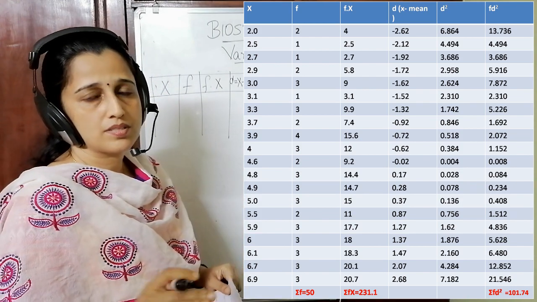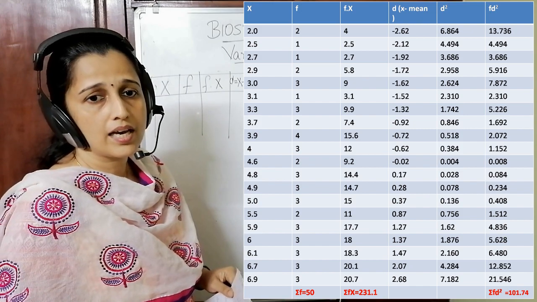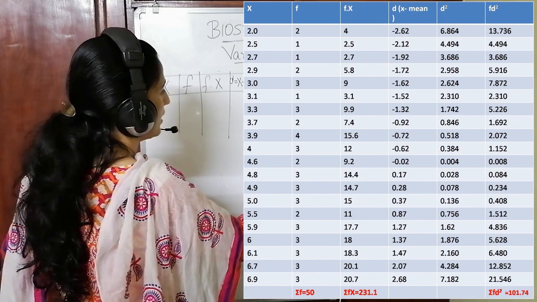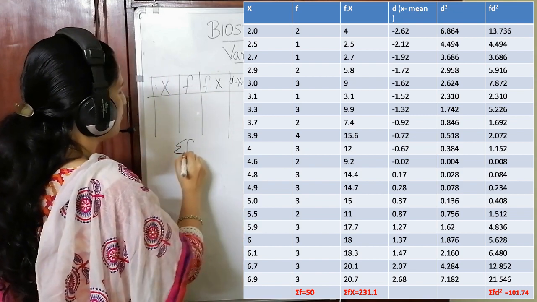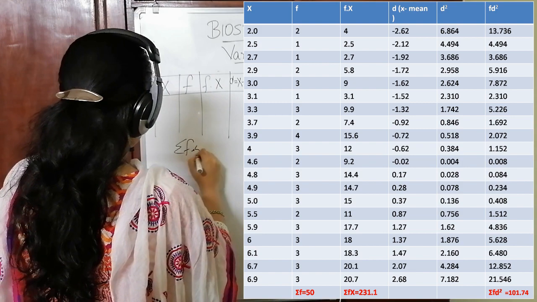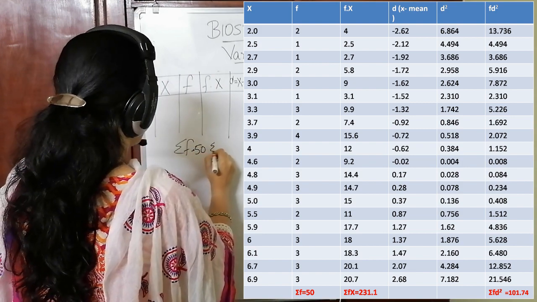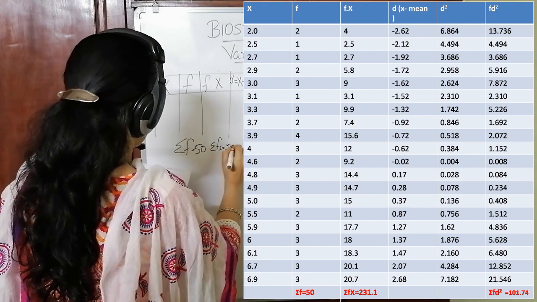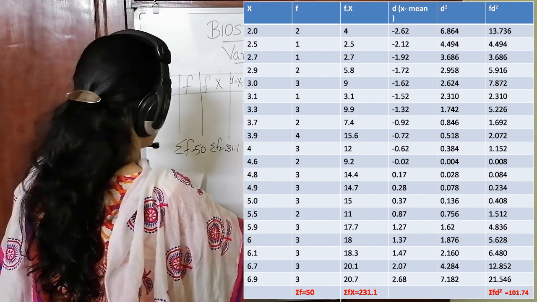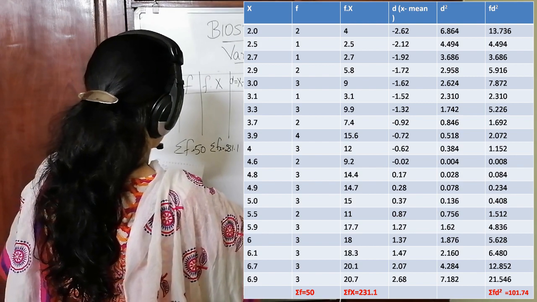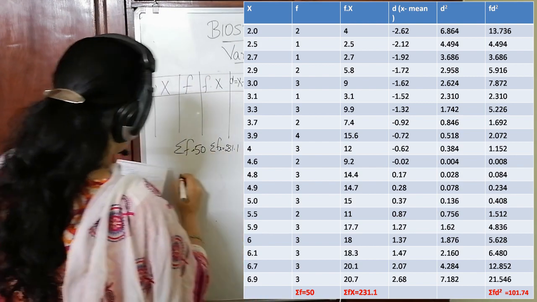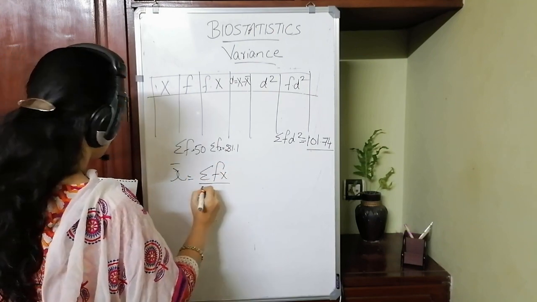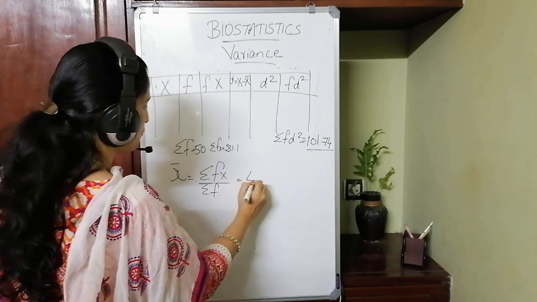You have to substitute the values. The completed table is shown here, and you have to find sigma f, sigma fx and sigma f d square. Sigma f is equal to 50, sigma fx is equal to 231.1, and sigma fd square is equal to 101.74. For computing the arithmetic mean, the equation we use is sigma fx by sigma f, which is equal to 4.622.